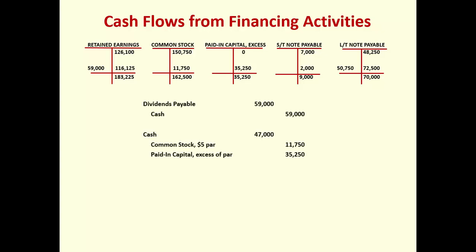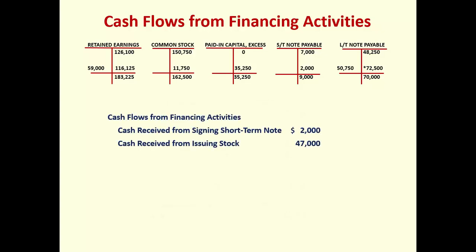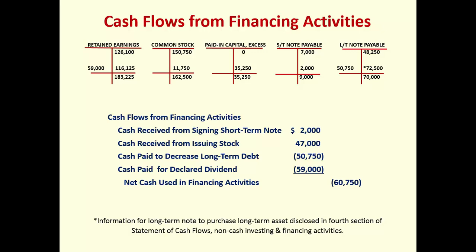So dividends, cash out. Sold stock, cash in. Borrowed money, cash in. Paid down a note, cash out. This is what you need for the statement of cash flows. And it's presented using the direct method: cash received, cash paid, net cash used in financing activities.